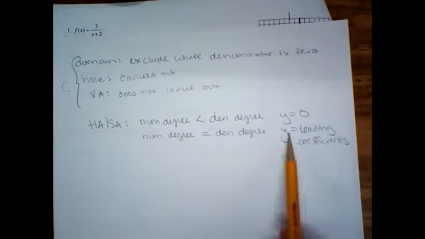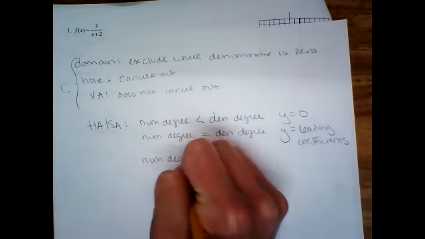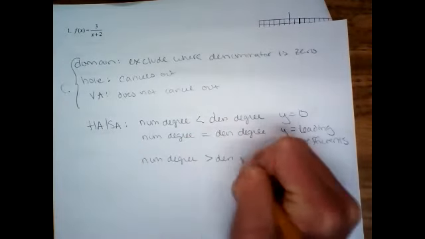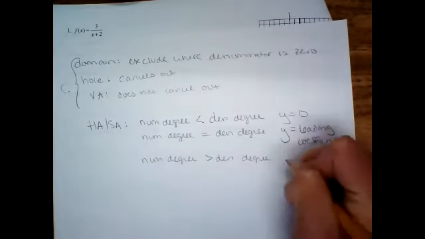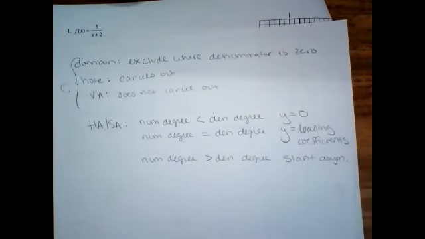If it's a tie, then you use the leading coefficients. If your numerator degree is greater than the denominator degree, that's where you have a slant asymptote. And I'll show you how to find them. It's not hard, okay? Instead of leveling off like this, it levels off like this. You know what I'm saying? Like, you'll have a line that has a slope to it.